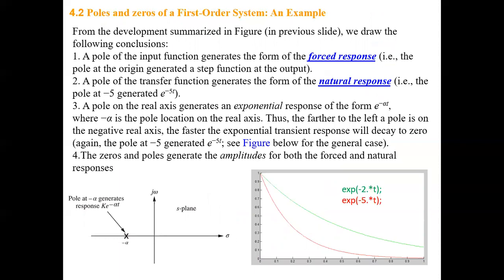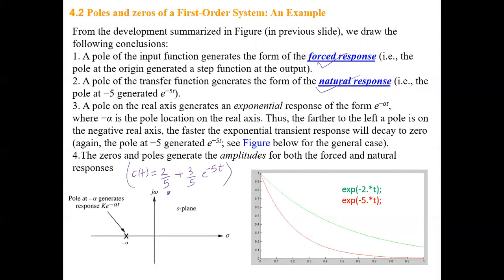We already said one is the forced, the other natural. Now I want to generalize. What is the equation we had before? We had c(t) equals 2/5 plus 3/5 e to the negative 5t, right? That's what we had in the previous slide.